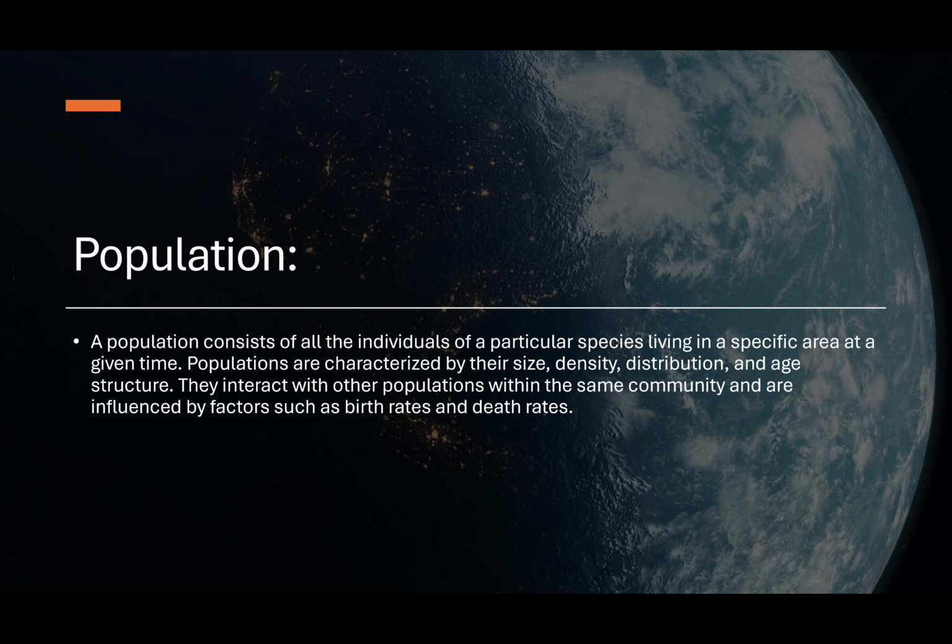The population would be the number of individuals of the specific species living in an area, right? They're generally characterized by size, density, distribution, age structure. Some of these things you guys would have looked at in section A of the CSET biology syllabus.